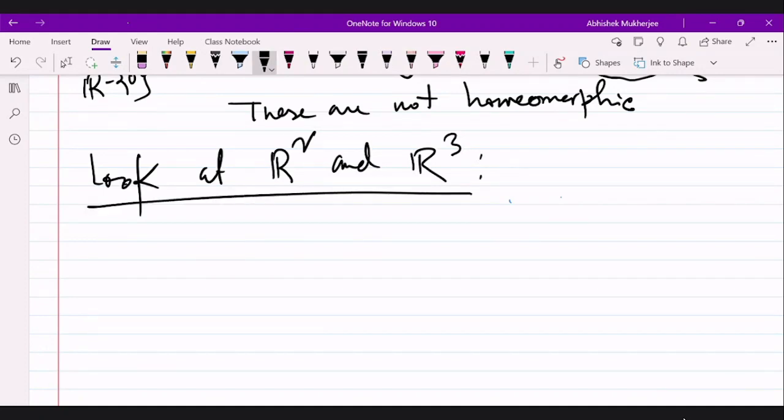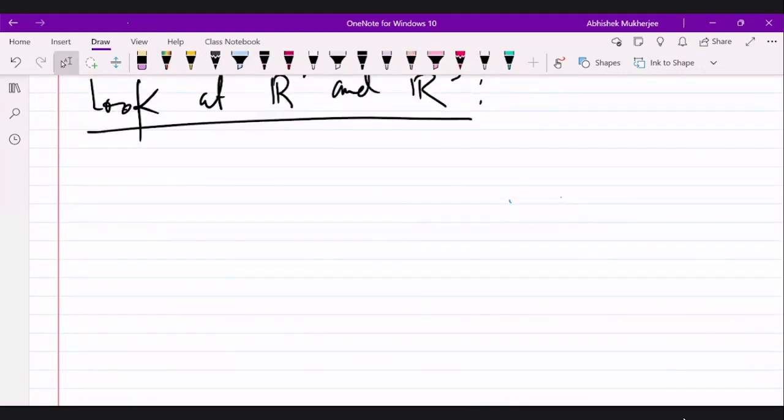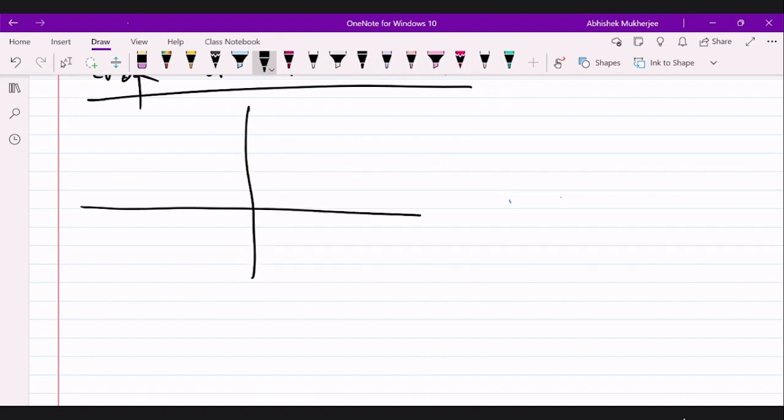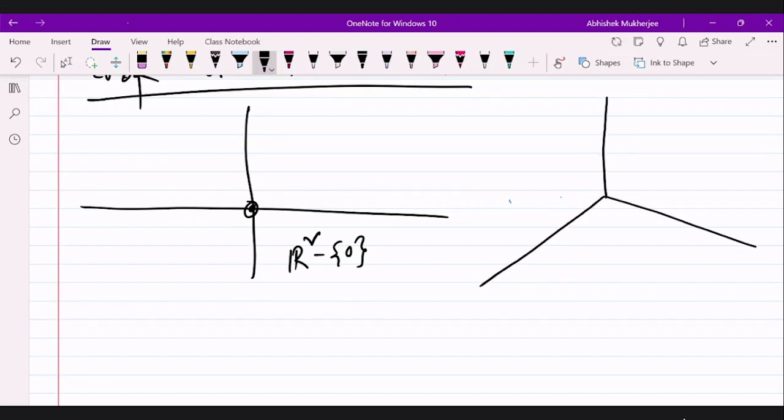Now, in R2 or R3, if you remove some point, you cannot use the same argument that has been used in the previous example, right? Because suppose you remove one point here, that means you are taking R2 minus this point. For convenience, let us make it the origin, 0, 0, 0.